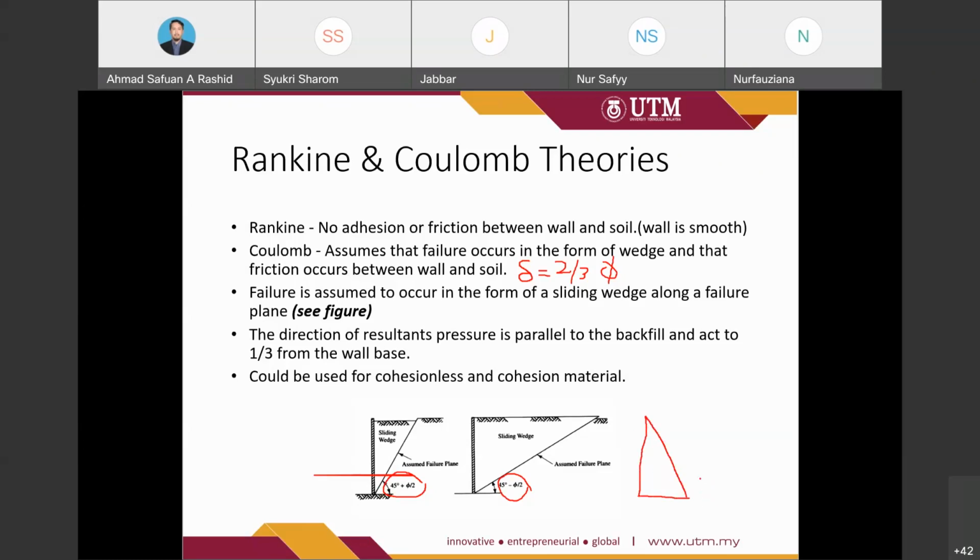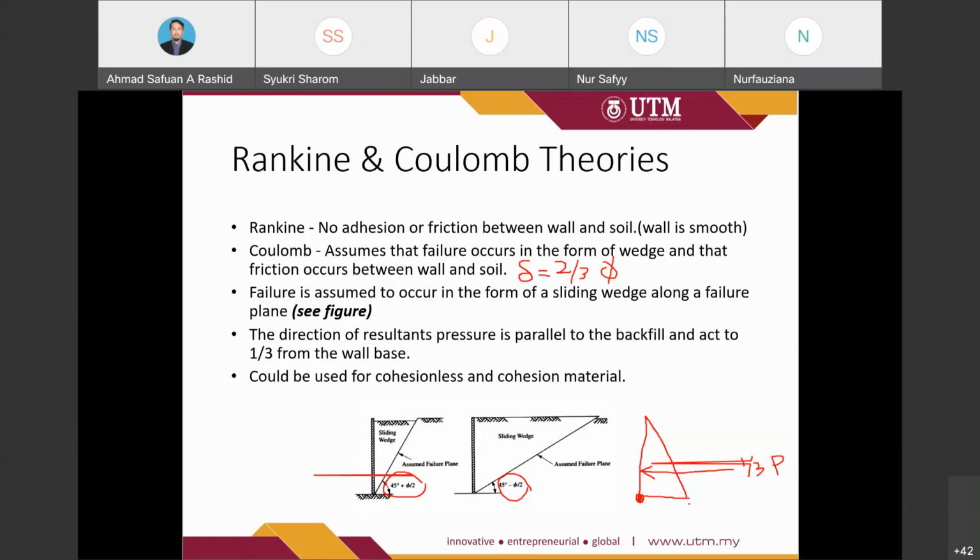By using the moment concept, let's say this is the base, then the direction of the resultant pressure is 1/3 from the base. This is based on the moment concept, to identify the moment arm for a triangular shape, so it is 1/3 from the base.